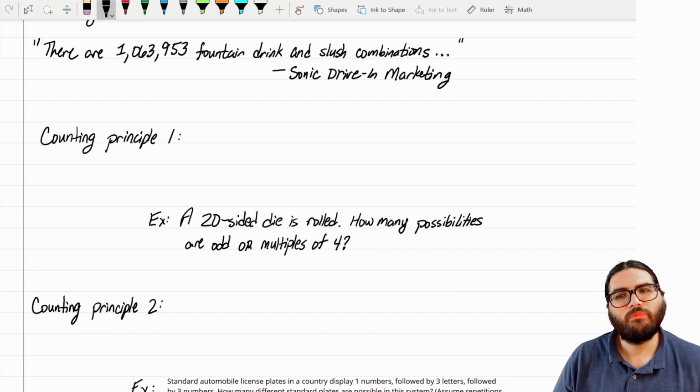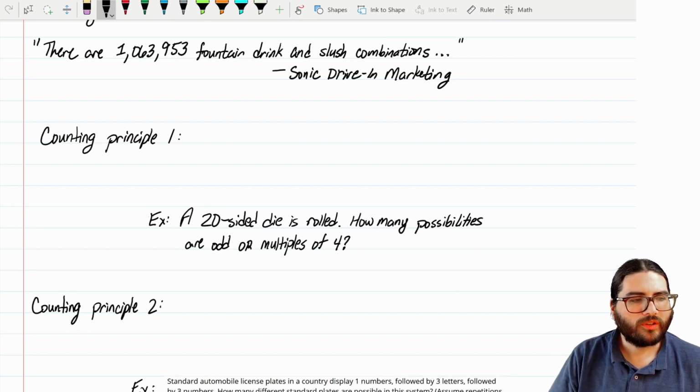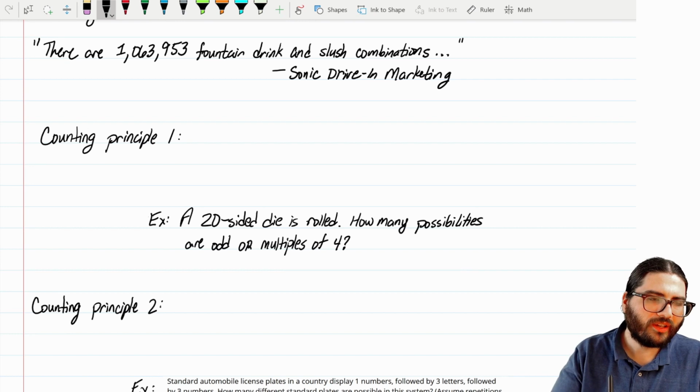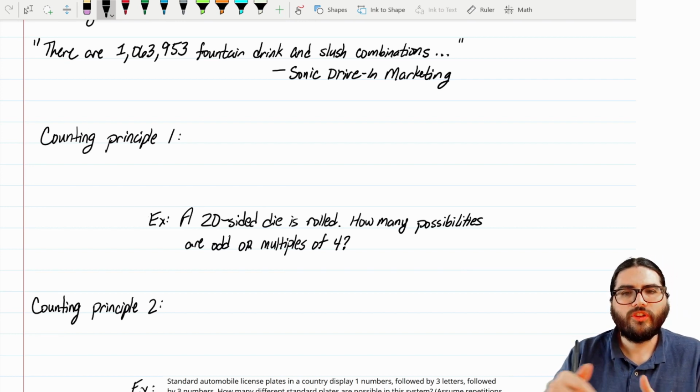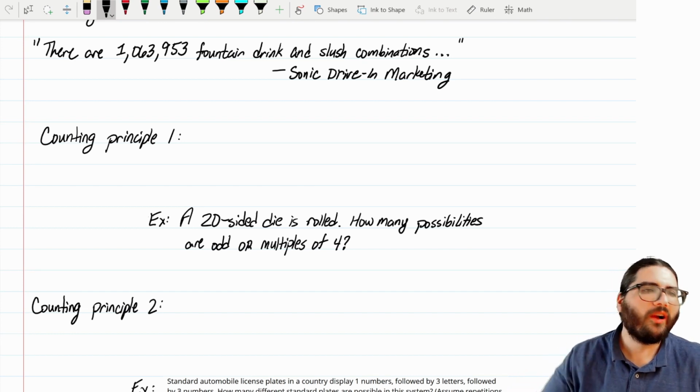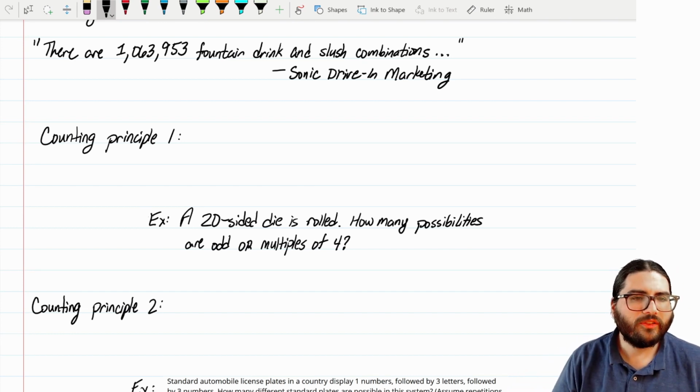But if I'm breaking apart an outcome, I'll need to multiply, counting principle 2. If I were to look at Sonic, for example, if I were counting all the different ways that I could have this kind of soda with this kind of flavoring in it versus this other kind of soda with this other kind of flavoring, because those are complete outcomes, I would add those results together to tell me the total number of possibilities.